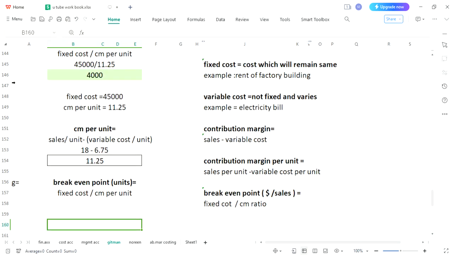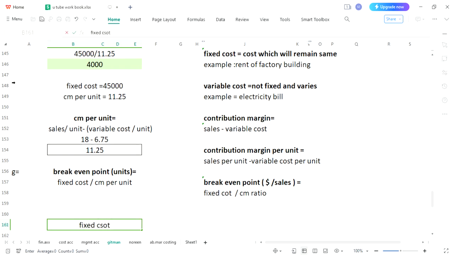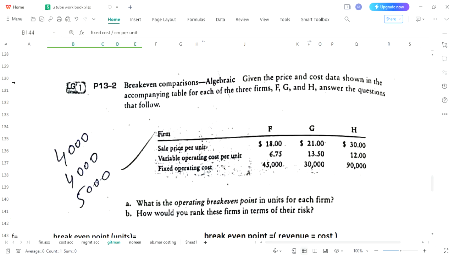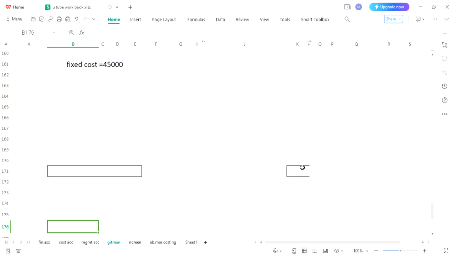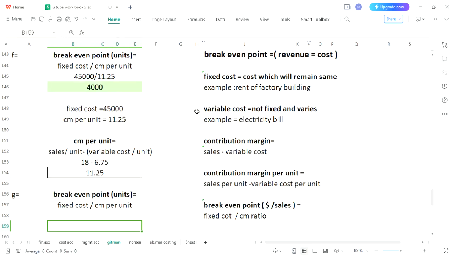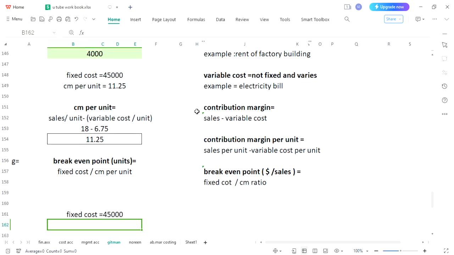The next step is to seek how much fixed cost is present in your question. Let's go back, and for firm G it is 30,000. So you can put fixed cost as 30,000. Excel usually copies. And then what we need, CM per unit. For that we will put CM, contribution margin per unit.